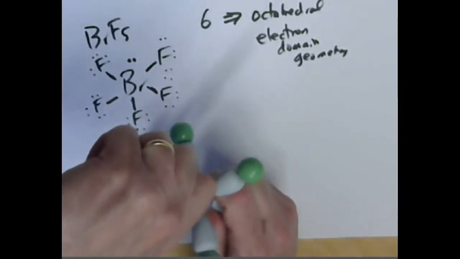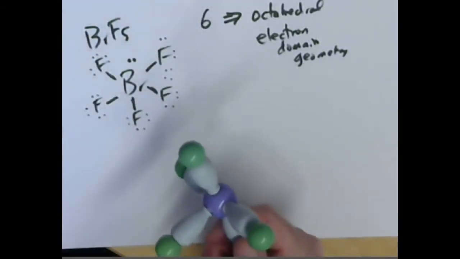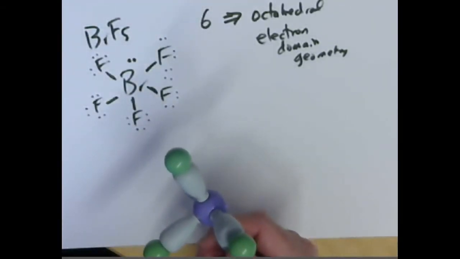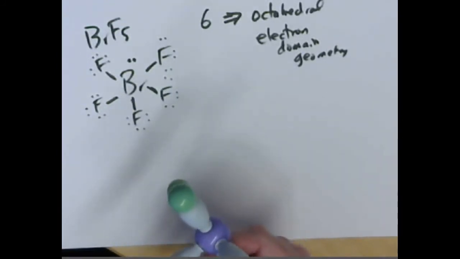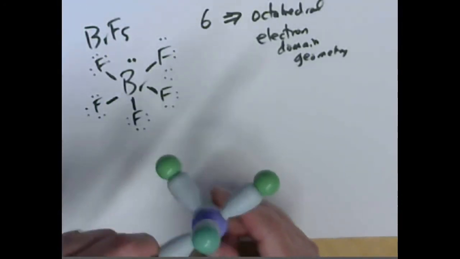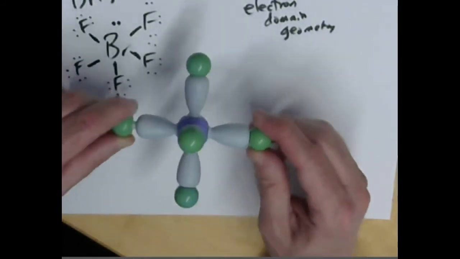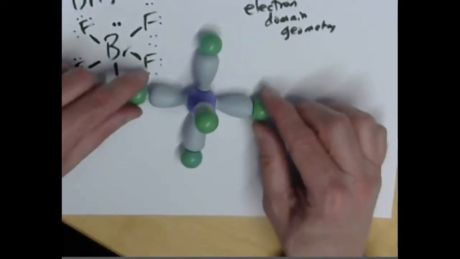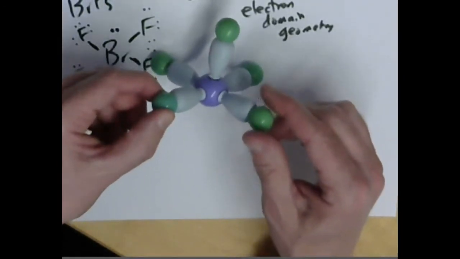So all positions are equivalent. Now in the trigonal bipyramid situation, they weren't all equivalent because the bond angles were different. There were 90-degree bond angles, 120-degree angles. Here they're all 90, so they're all equivalent. And so I can pull it off at any one position. And so what I've made is a square pyramid.